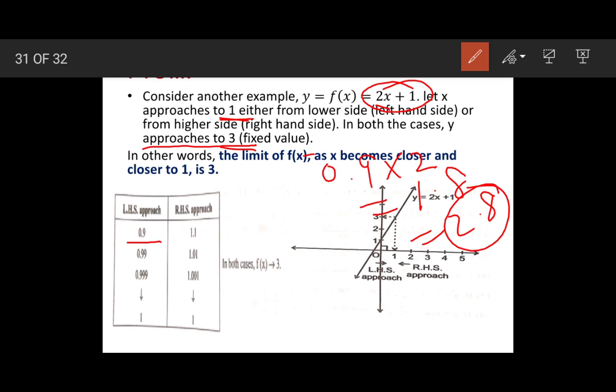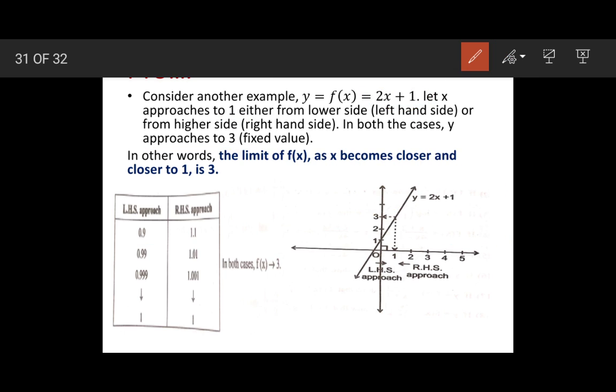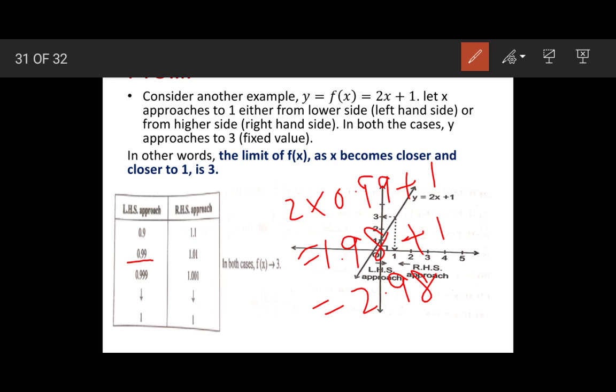Then see the next value, 0.99. When x takes the value 0.99, then 2 into 0.99 plus 1 is equal to 1.98 plus 1, so that is equal to 2.98.